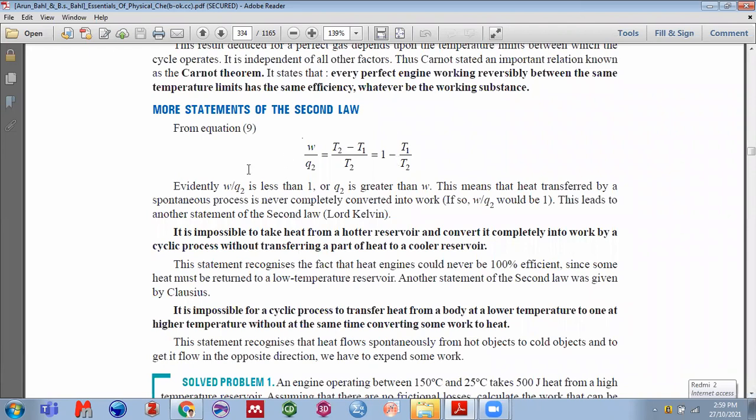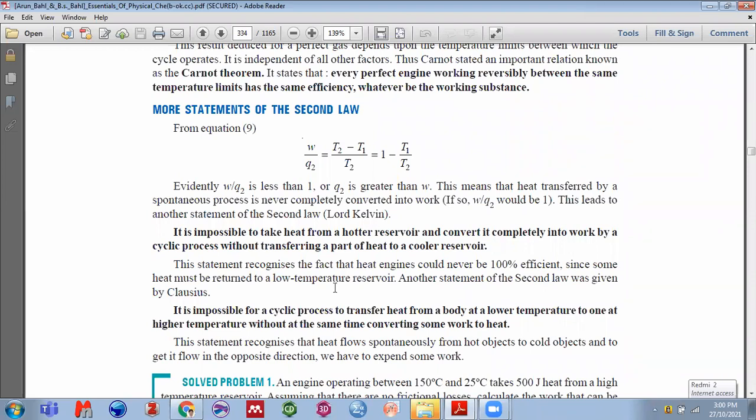Now, this is one of the statements of the second law. It is impossible to take heat from a reservoir and convert it completely into work by cyclic process without transferring a part of that to a cooler reservoir.